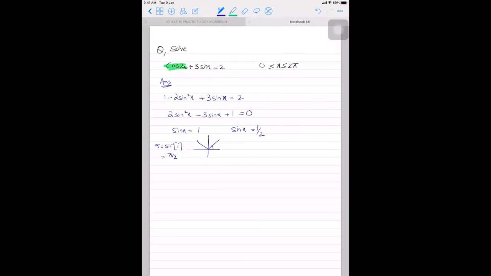So this is going to be pi by 2, and the other angle is going to be pi minus pi by 2, so pi by 2. That's the only angle so far from here.